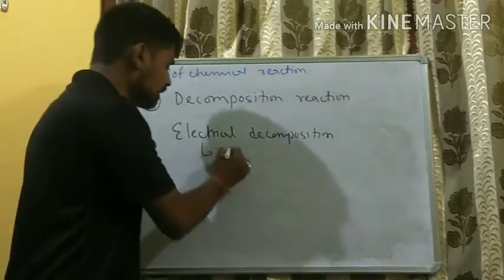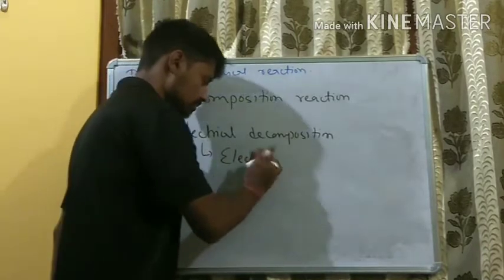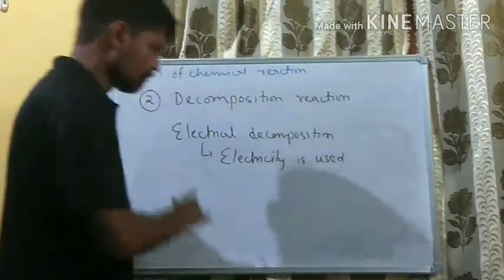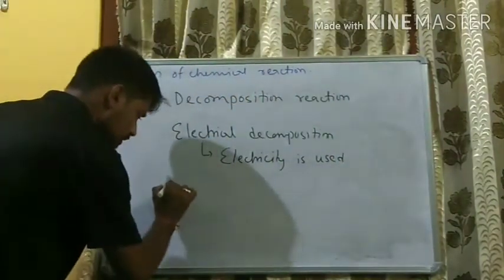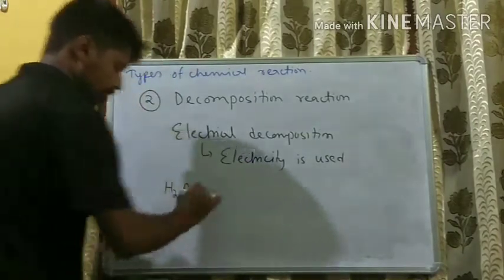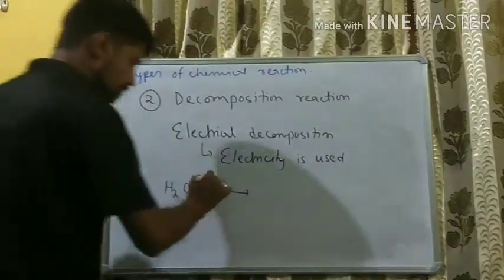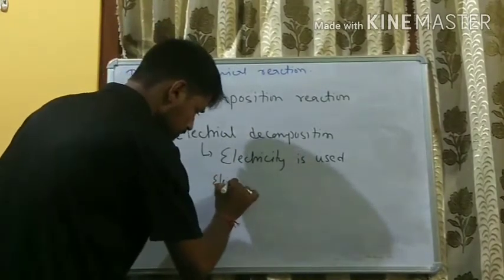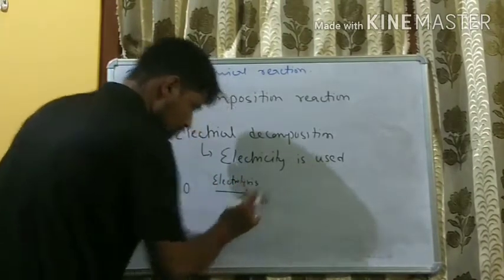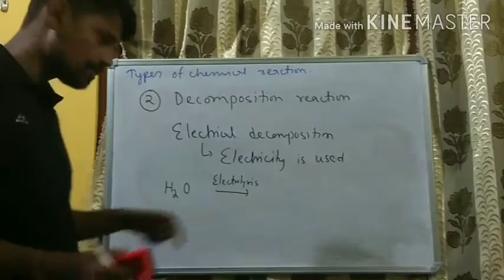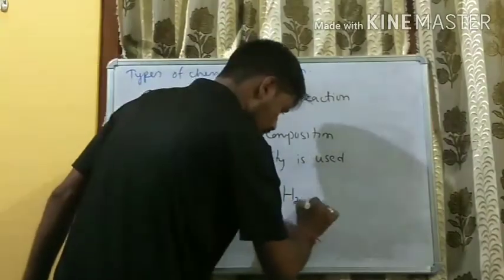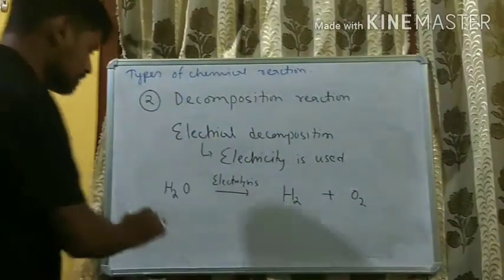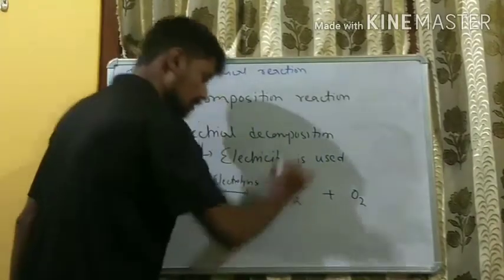In electrical decomposition electricity is used. And its example is, we have already discussed, decomposition of water. When water is decomposed due to electricity, we can write electricity or electrolysis, and it produces hydrogen and oxygen. This reaction is not balanced, so we have to balance it by putting 2 here and 2 here.